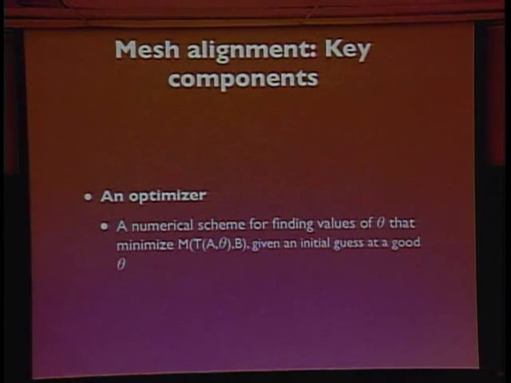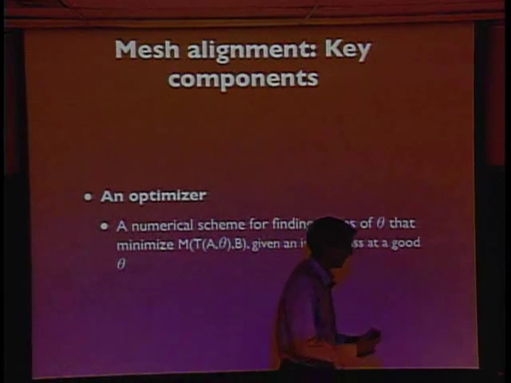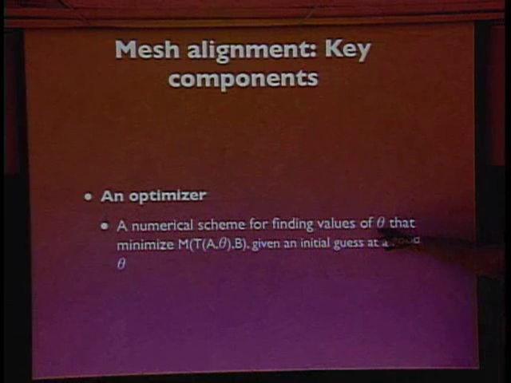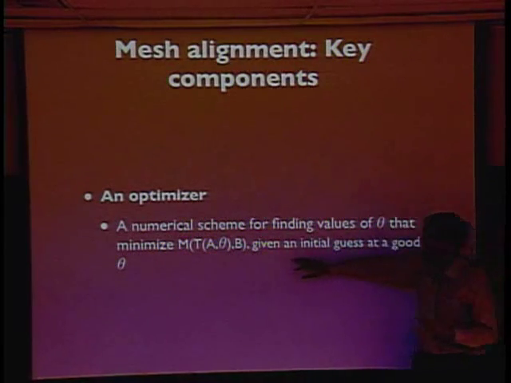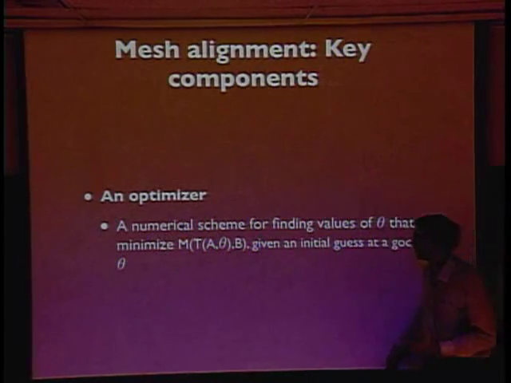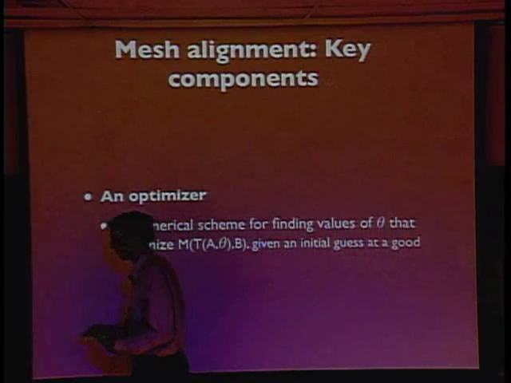So then the next thing is, we've seen this before, I think, an optimizer. And an optimizer is basically a numerical scheme or a numerical strategy for finding values of theta, which is to say, finding geometric transformations that minimize the metric, given that you have some initial guess at what the geometric transformation is.